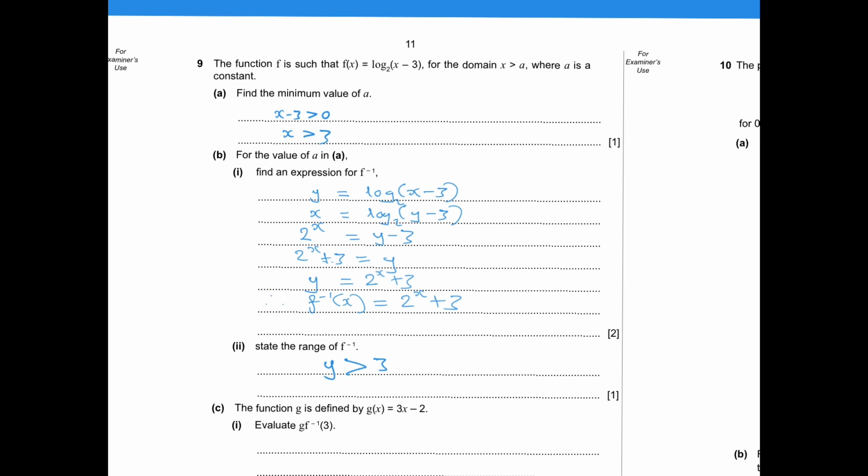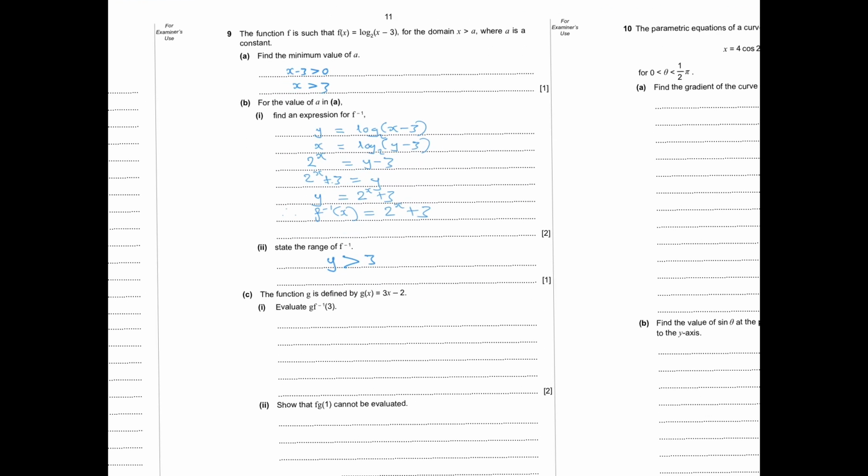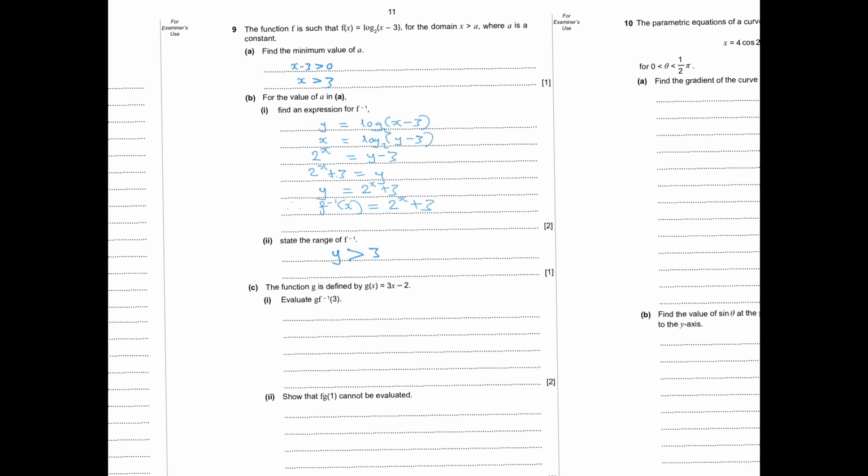All right. Now looking at question part C. Let's see what we are saying here. The function g is defined by g of x is equal to 3x minus 2. Evaluate g of f inverse of 3. To evaluate this, we need to start with the inner function, which here is the inverse function of f.